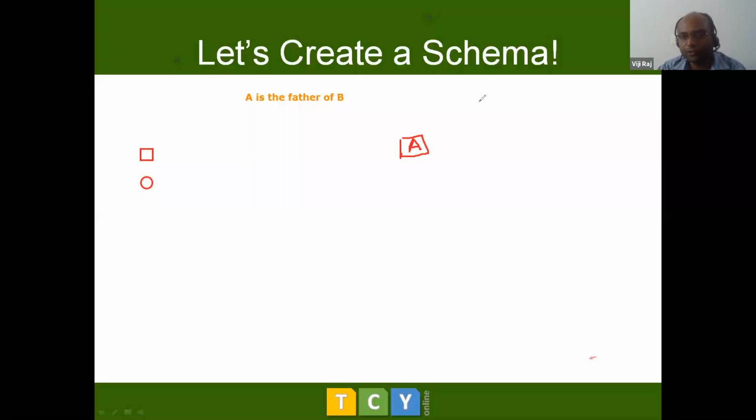If you want to denote a person C who is a female, then we'll denote it like this, a circle around C. Fine. A person P whose gender we do not know, we neither put a box nor a circle around it. Fine. So that is the first thing that I mentioned.